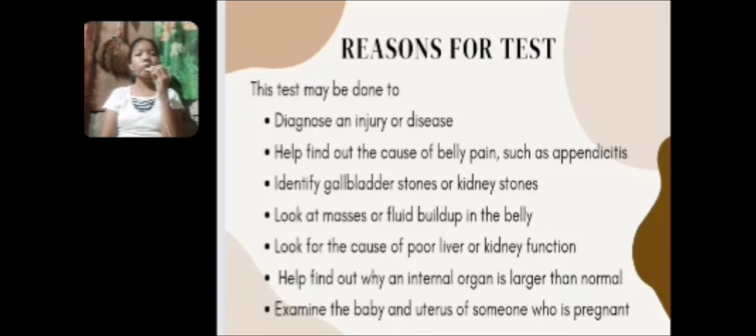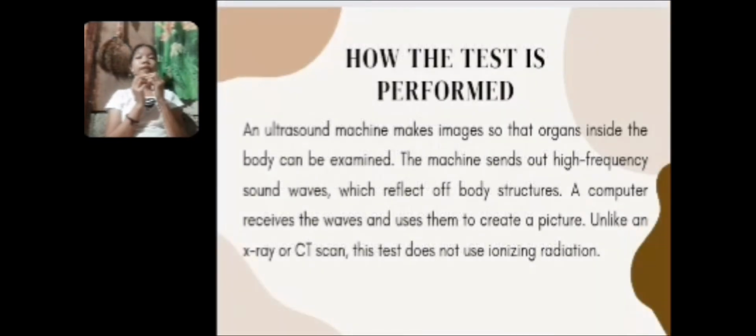Next, it can also look for the cause of poor liver or kidney function and help find out why an internal organ is larger than normal. And lastly, it can examine the baby and uterus of someone who is pregnant. So, next is how the test is performed.